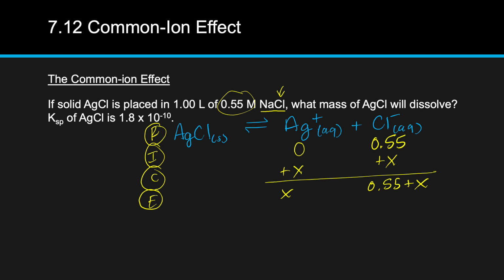And once I have my x, that means I also have my amount of AgCl that was dissolved. So starting with Ksp, remember the expression, Ksp is equal to products over reactants raised to the power of the coefficient. But remember, our reactants are solid, so they're not included. So we're just doing the concentration of Ag+ times the concentration of Cl-.